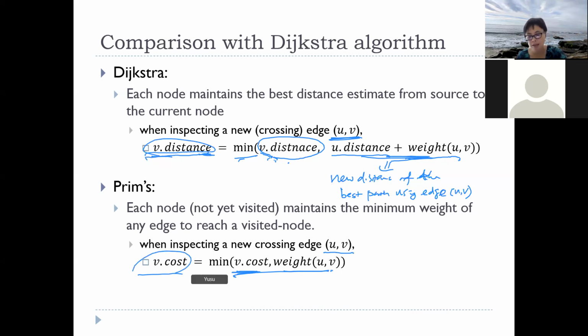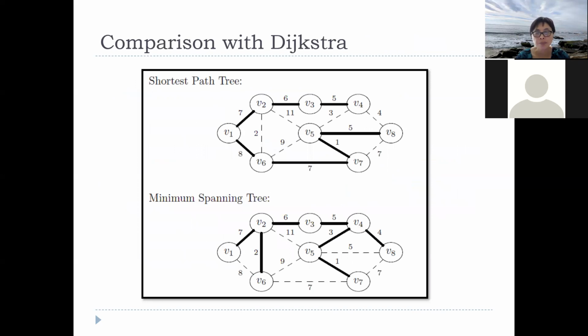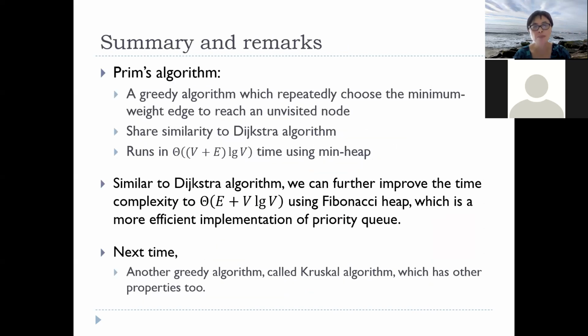Of course, because of this difference, what you compute is different. In the shortest path, starting from a source node, you're computing the shortest path tree from that source node. Even if you start from the same node, say V1 here, your minimal spanning tree may not be the shortest path tree. So this is just an example where the minimal spanning tree is not the same as the shortest path tree.